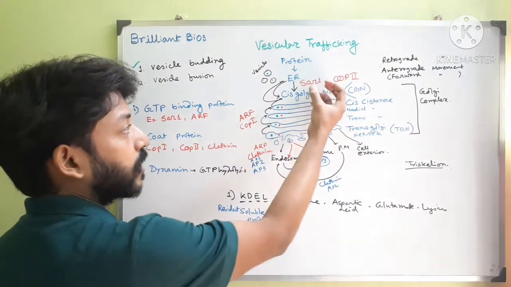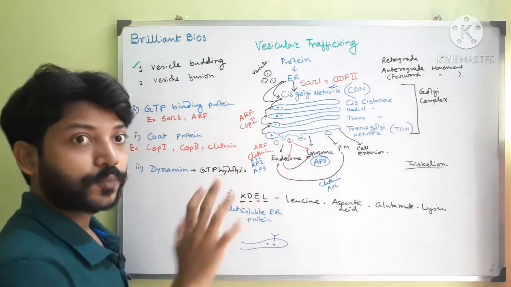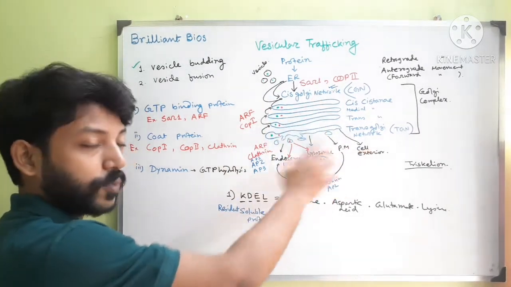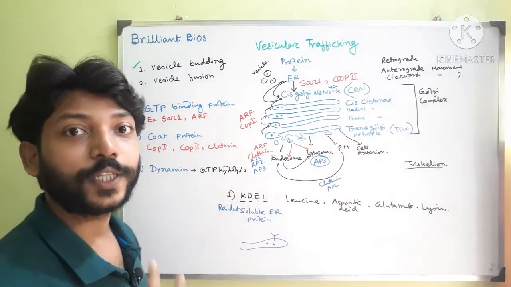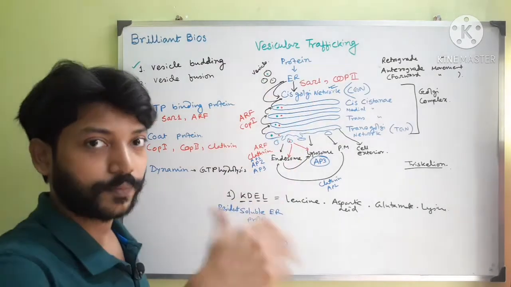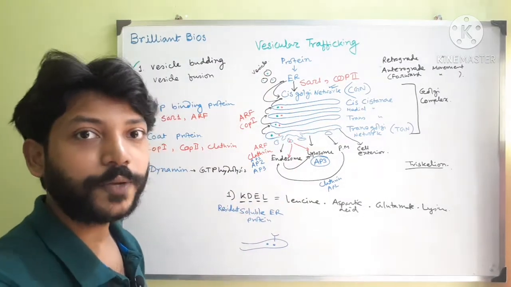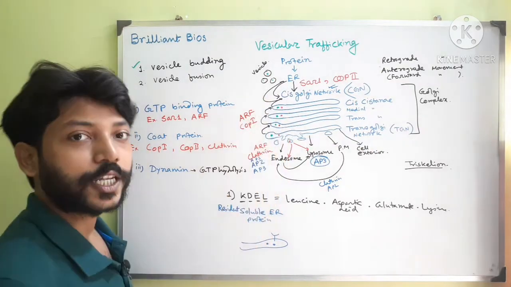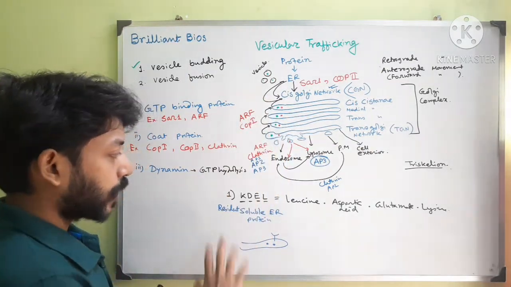At first this receptor can sense that this is not a protein of this CGN, not destined for this compartment, but has wrongly come to my side. So it should be retrieved, by retrograde movement, so that the protein can reach inside the endoplasmic reticulum. So this is called KDEL.